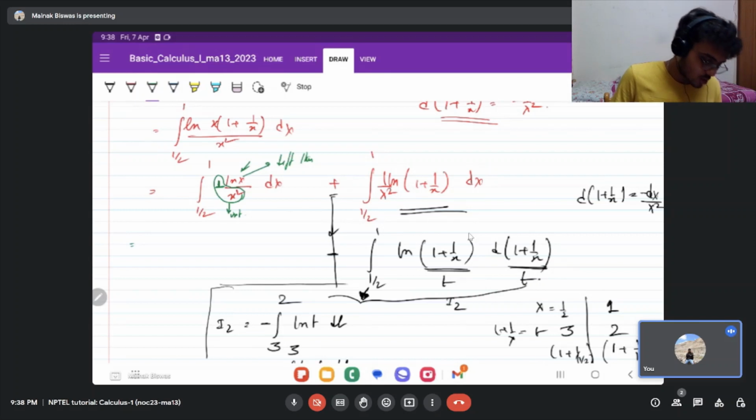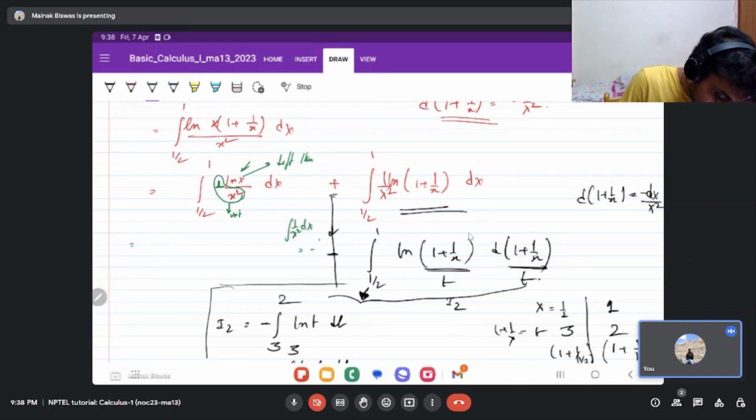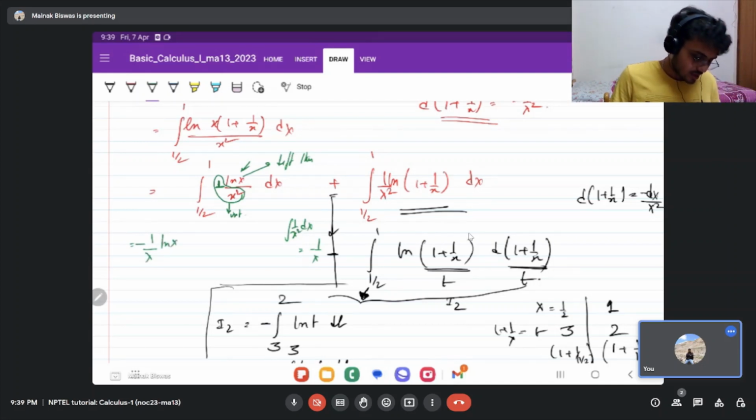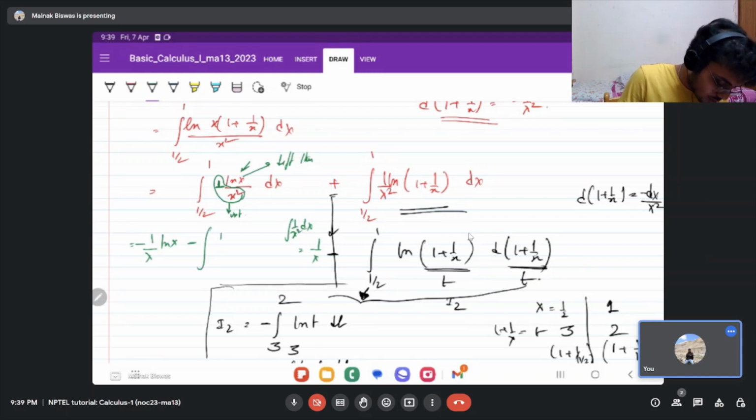So this turns out to be, if you integrate this, the integral of 1 over x squared dx is minus 1 by x. So minus 1 by x log x, very good, minus the integral of the derivative of this, 1 by x, into minus 1 by x dx.